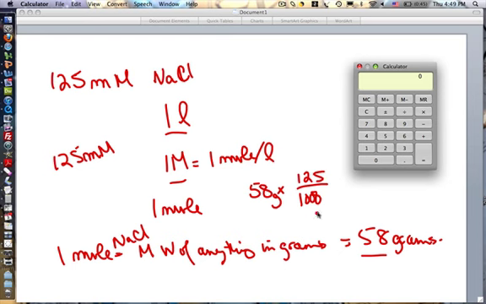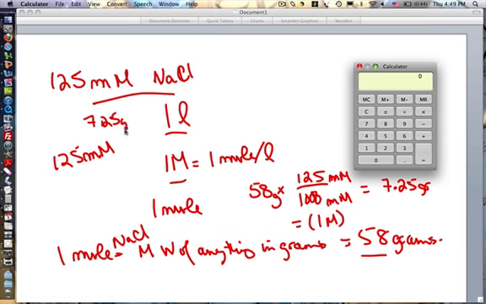That's the same. 1,000 millimolar equals 1 molar. So we're just going to take 125 divided by 1,000 times 58, and that is going to be equal to 7.25 grams. So to make 125 millimolar sodium chloride, we would take 7.25 grams and dissolve it up to 1 liter.